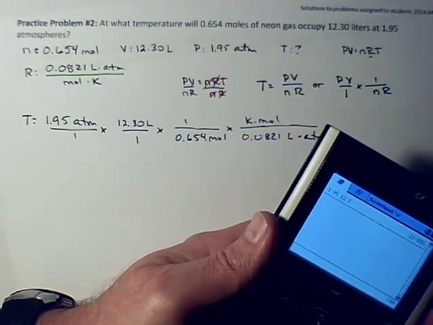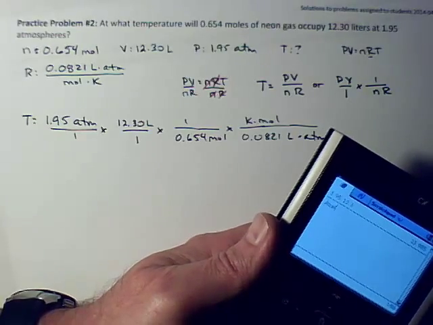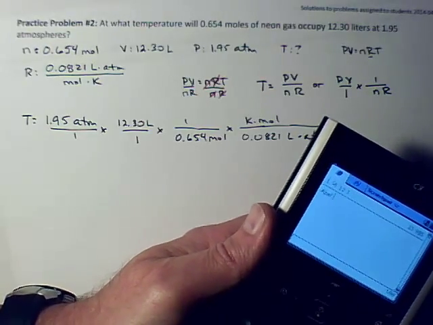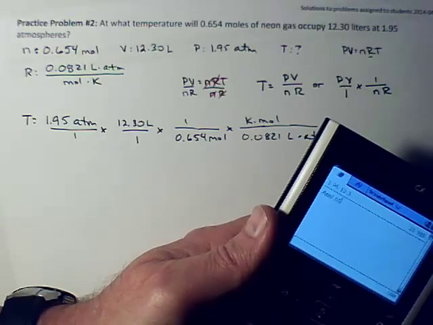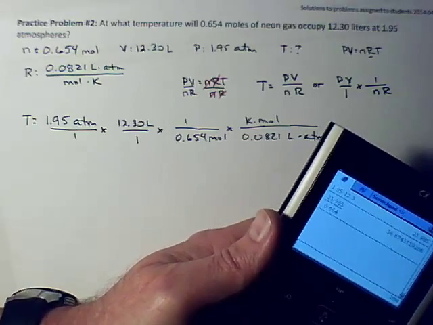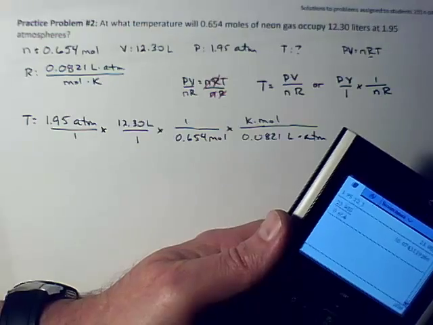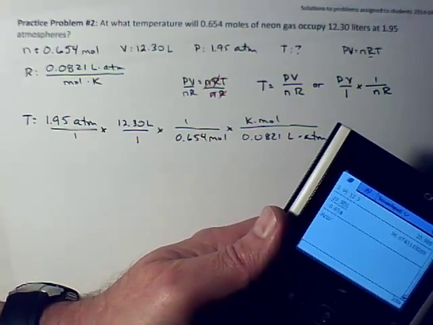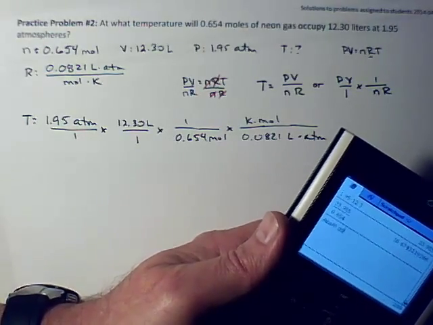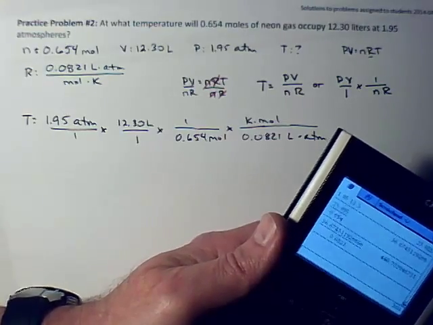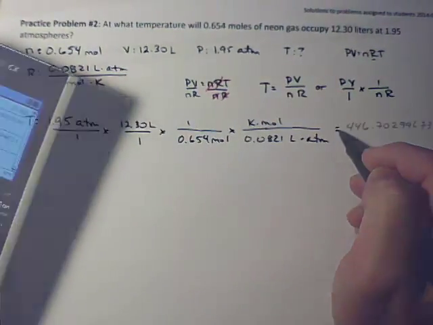So multiply what's across the top, hit enter, then divide by 0.654, enter, then divide by the second number on the bottom, 0.0821, enter, and I get that number.